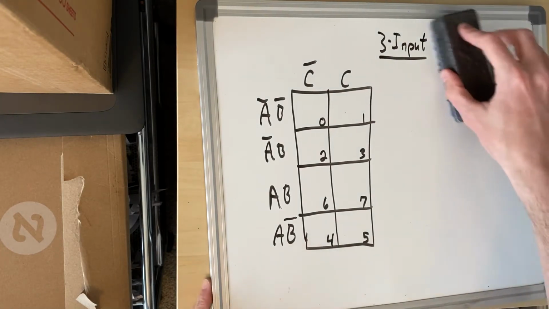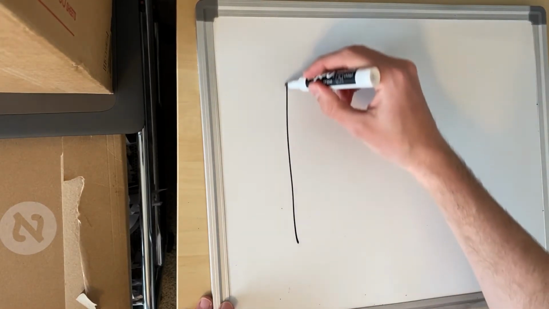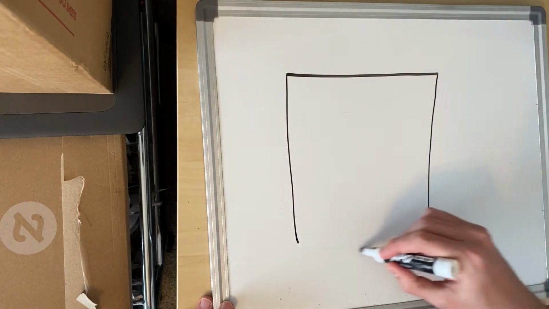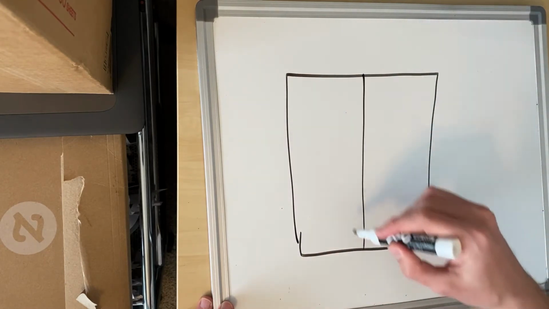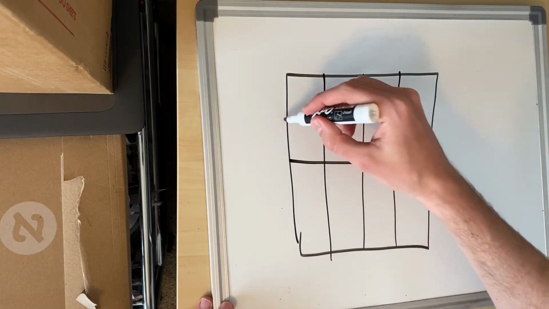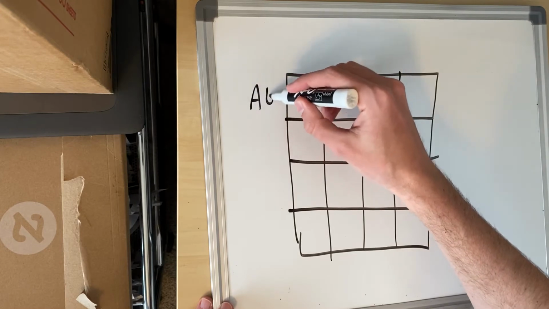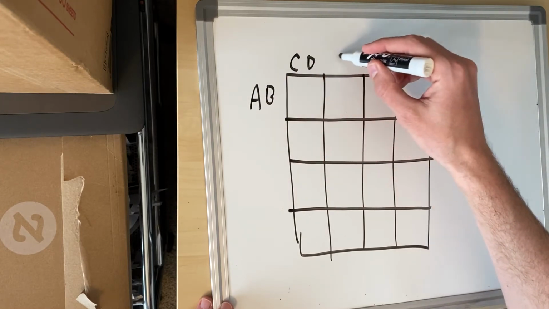And then the last one we're going to do is a 4 input. This one's going to be similar to the 3 input. Of course, A, B, C, D, and I write these all out.